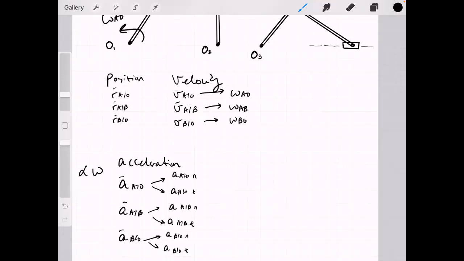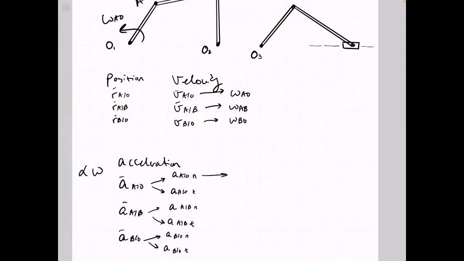While conceptually we are breaking these down into normal and tangential accelerations, the normal and tangential accelerations have to be in XY components. And that is why the normal will be omega AO cross omega AO cross R A with respect to O. This will be alpha AO crossed with R A with respect to O.